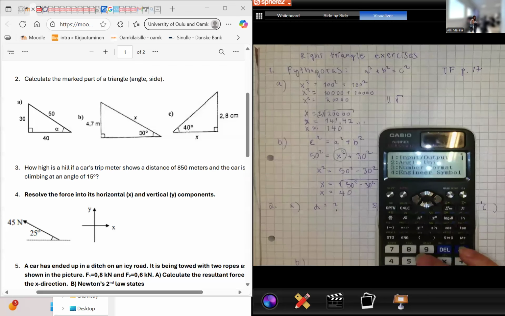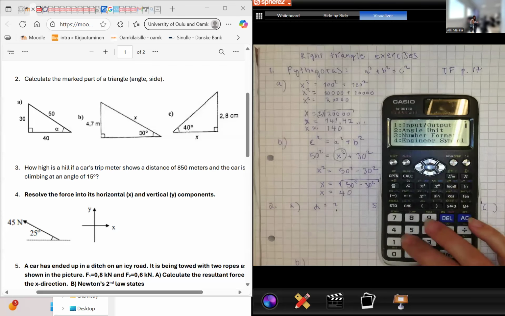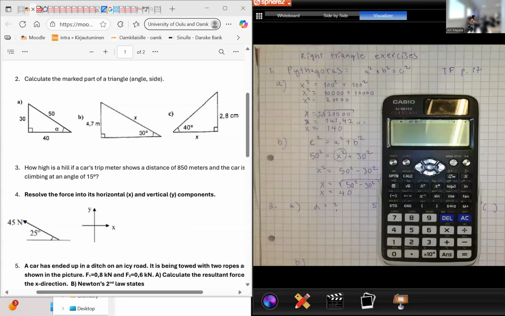So I would put 2, and then I would choose which unit I want. Now I want the degree. And later on, after Christmas, we use both, so then you have to pick. Or if you use Excel, but we have to use the calculators anyway. You can also use Excel.